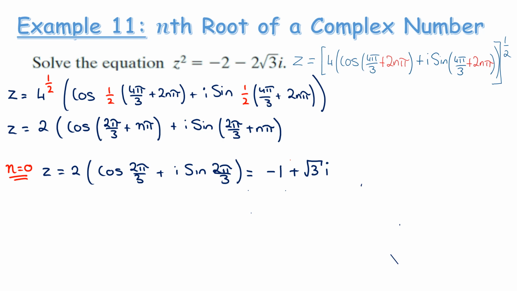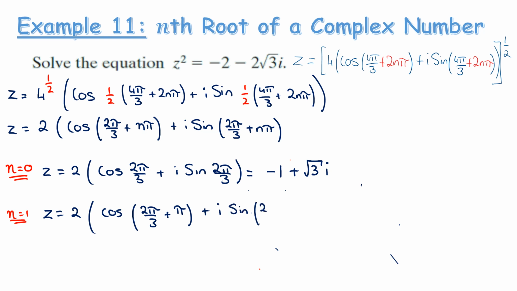Second answer, we're going to sub in n equals 1. We have a little bit of extra cleanup to do here. So z is equal to 2 cos of 2 pi over 3 plus 1 times pi, so just pi, plus I sine of 2 pi over 3 plus pi.